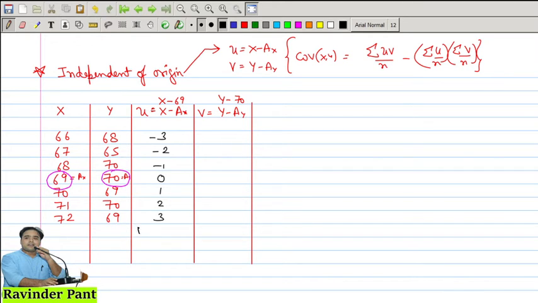So summation u is 0, and for v we get minus 2, minus 5, 0, 0, minus 1, 0 and minus 1, and when you add these you will get minus 9.